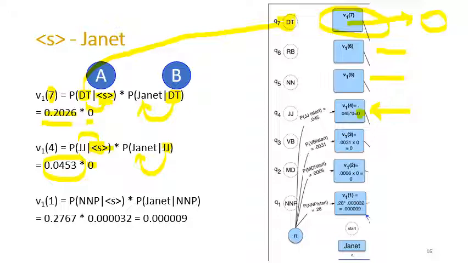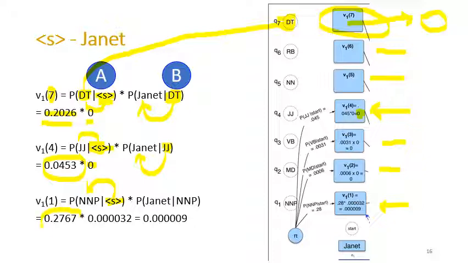You need to compute V13, V12, and finally V11, where things get a bit more interesting. For V11, again, you start with the transition probability from the start symbol to the first tag, which is proper noun.